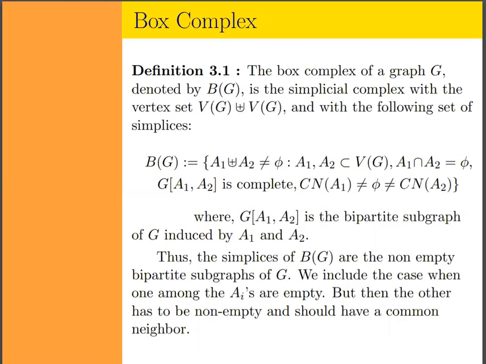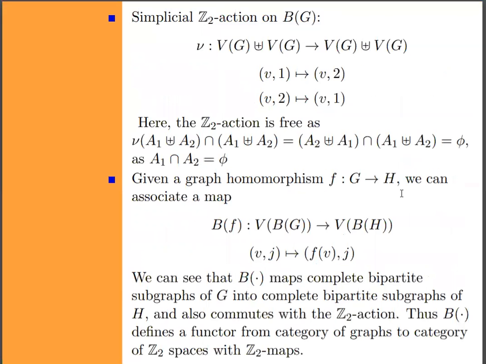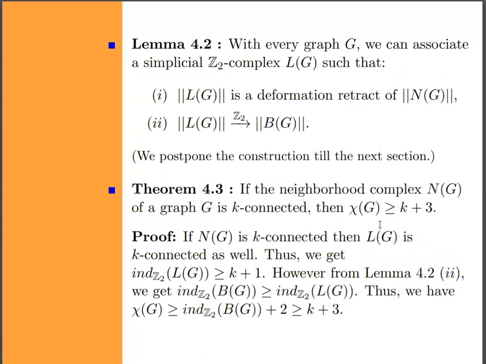Therefore, the lower bound on the number of partitions is given. And from there, the chromatic number is bounded from below by the connectivity of the neighborhood complex plus 3. This becomes index plus 2 in your case, because the index is one higher than the connectivity, as Urshit already told us in the first talk.